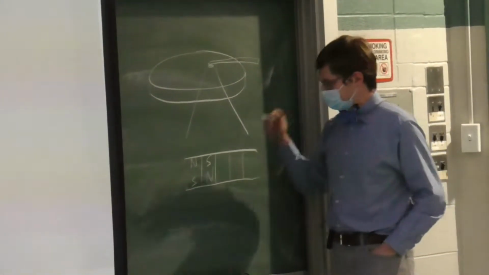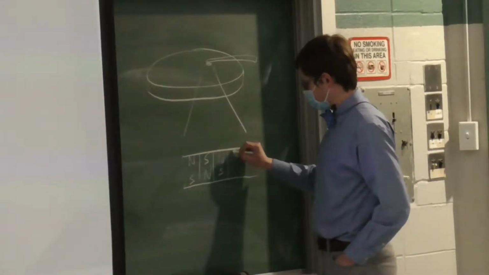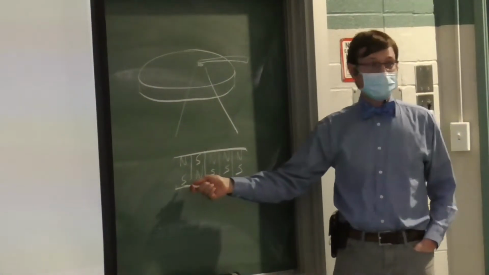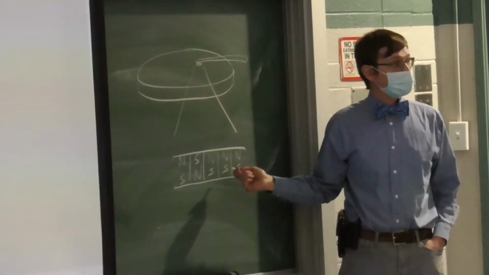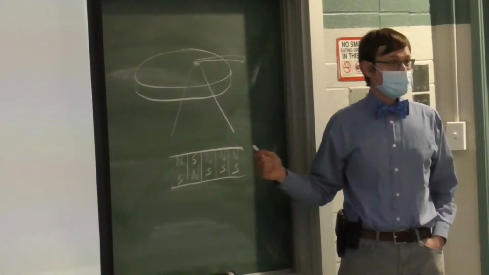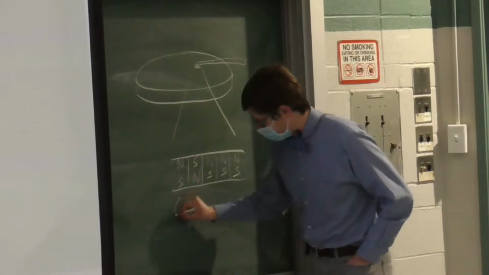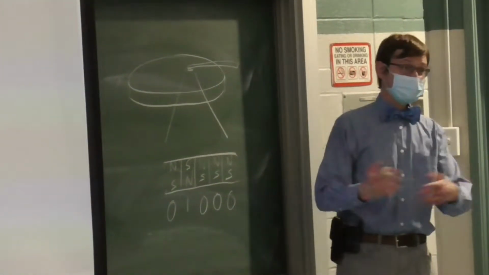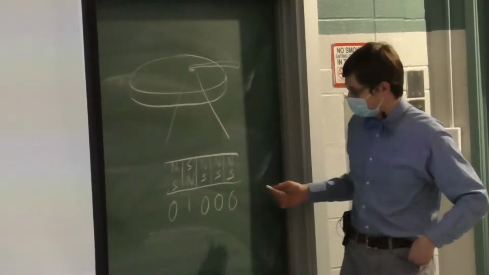So this is how ones and zeros get encoded on a magnetic disk. So 0, 1, 0, 0, 0, or possibly with the polarity flipped, I'm not actually sure.